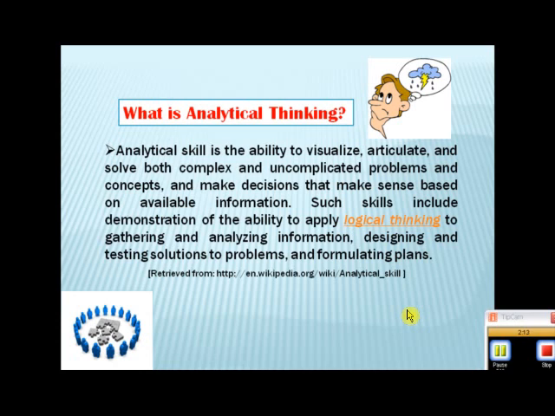Analytical thinking skill is the ability to visualize, articulate, and solve both complex and uncomplicated problems and concepts and make decisions that make sense based on available information. Such skills include demonstration of the ability to apply logical thinking to gathering and analyzing information, designing and testing solutions to problems, and formulating plans.